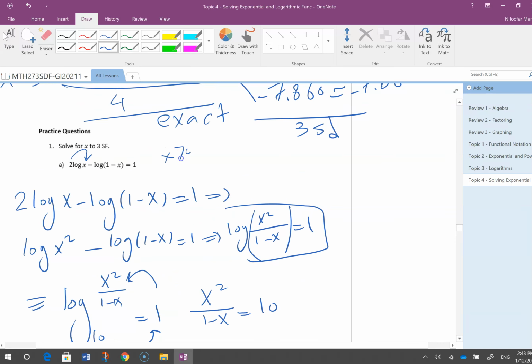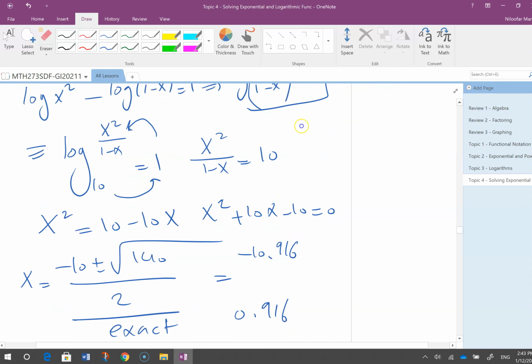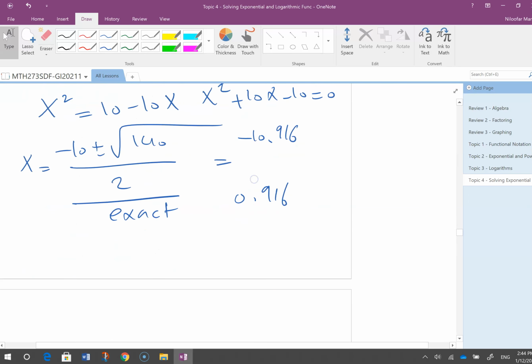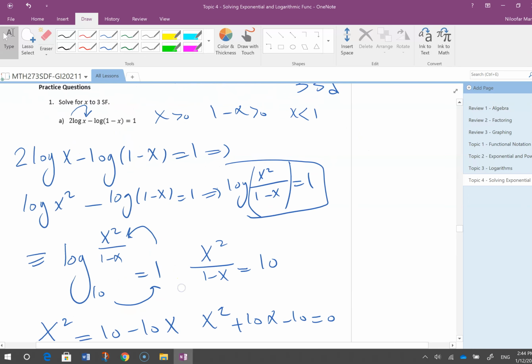X must be positive, 1 minus x must be positive. Otherwise, logarithm is not defined. So x must be less than 1. So x must be more than 0 and less than 1. So this is not valid.